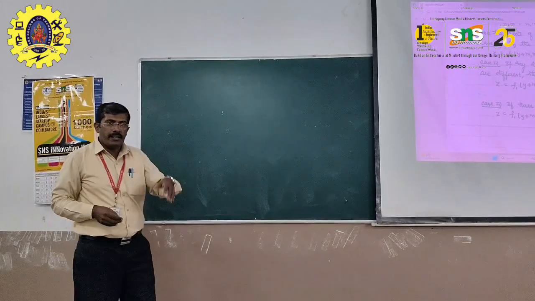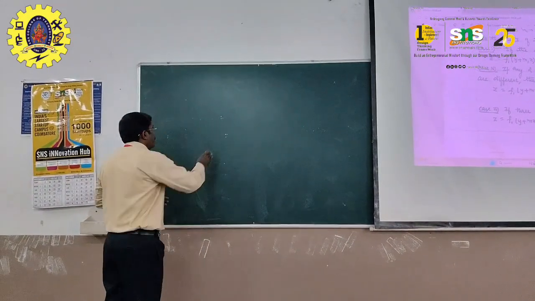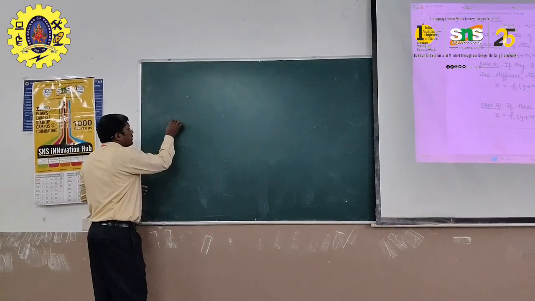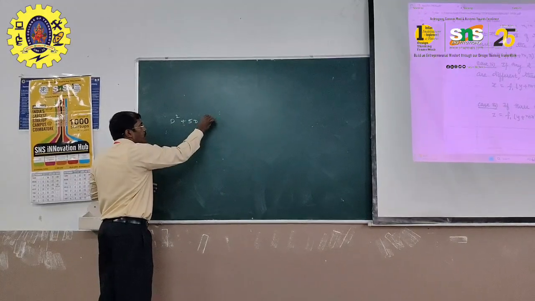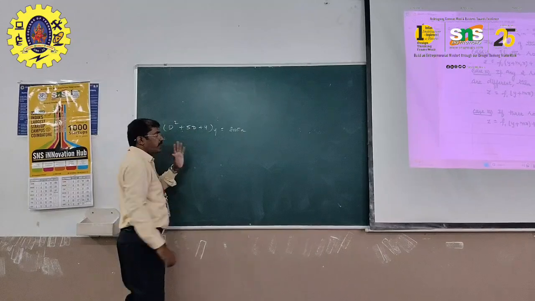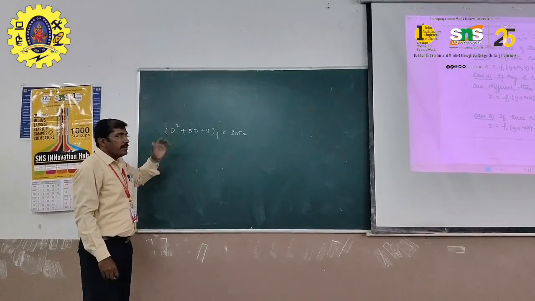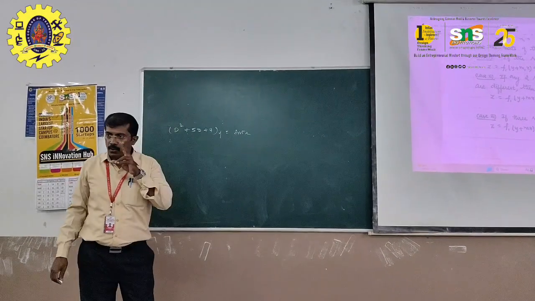In ordinary differential equations, while solving, I think you remember, suppose you have (D square plus 5D plus 4) of y is equal to sin x or cos x or x square or 0. This is an ordinary differential equation, I think you all know. We solve this by finding two things.